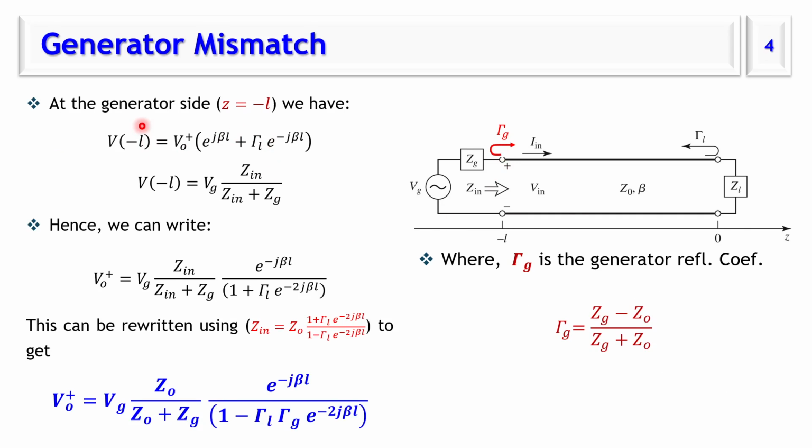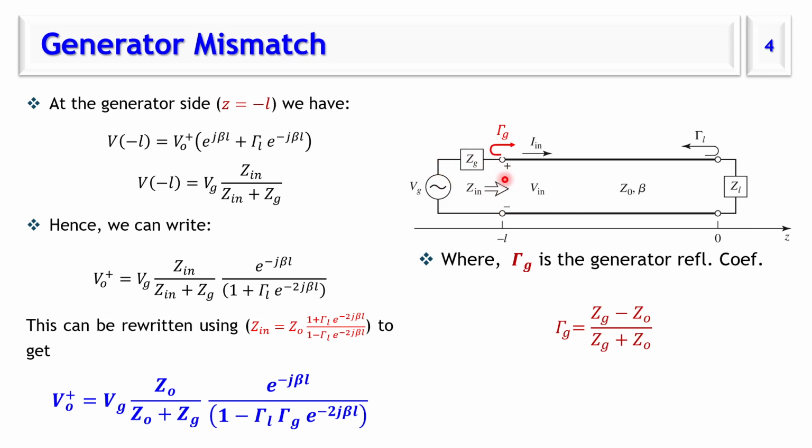Okay, so at the generator side, here at the input, we have V minus L, which has this expression. This is Z input here. The equivalent circuit for this would be VG powering ZG in series with Zn.